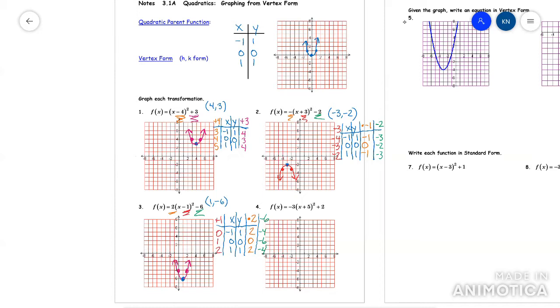Okay, this next one, find your vertex, -5, 2. Put a dot there. All right, parent function coordinates, same as before.